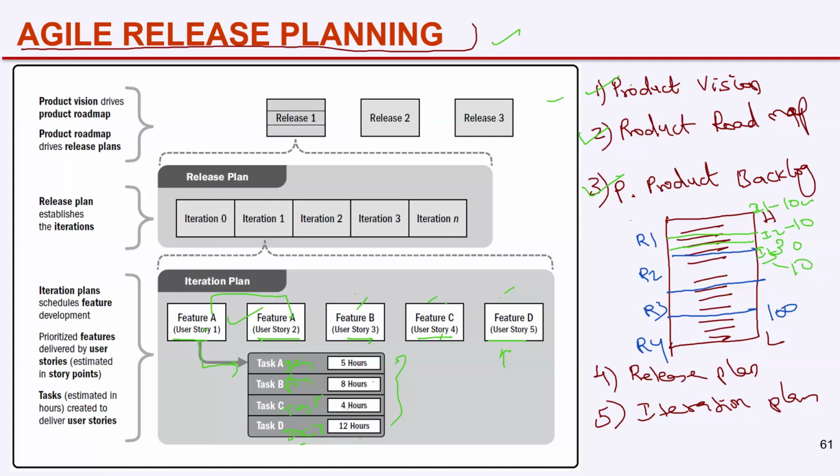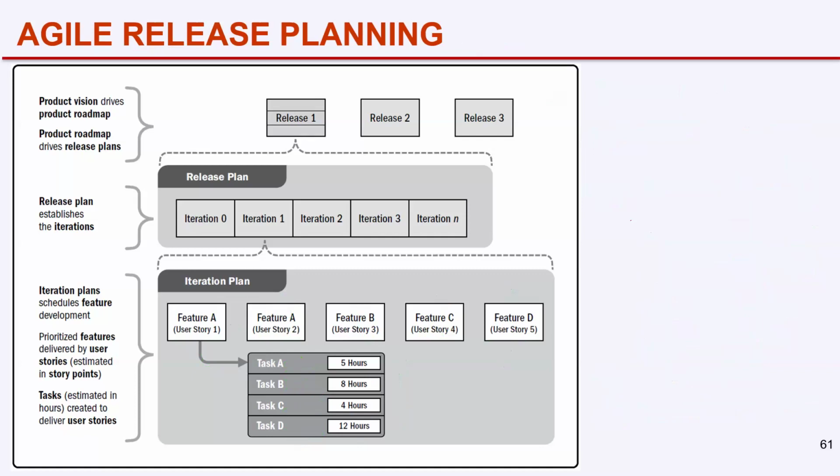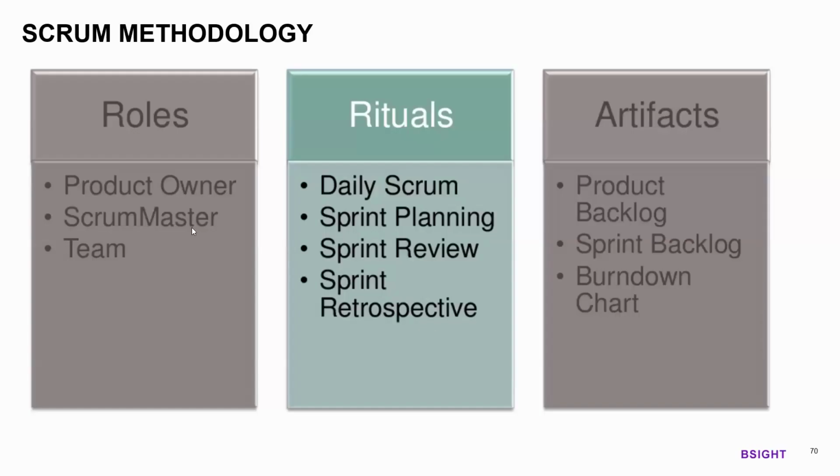Now you want a team or someone to do the work and develop the deliverables. Who is that? That's your team. Your team is responsible to do the work and bring the deliverables. Scrum Master is more of a facilitator. In some organizations, Scrum Master is also known as Agile Coach.